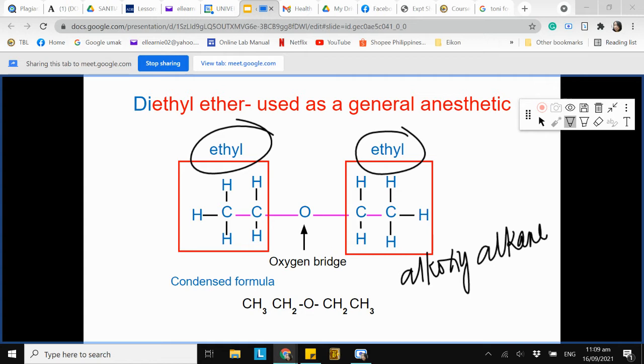Ano yung IUPAC name niya? Given that the formula ng IUPAC name is alkoxyalkane. Anyone who could give me the IUPAC name of diethyl ether? Try lang guys, wala namang masama.